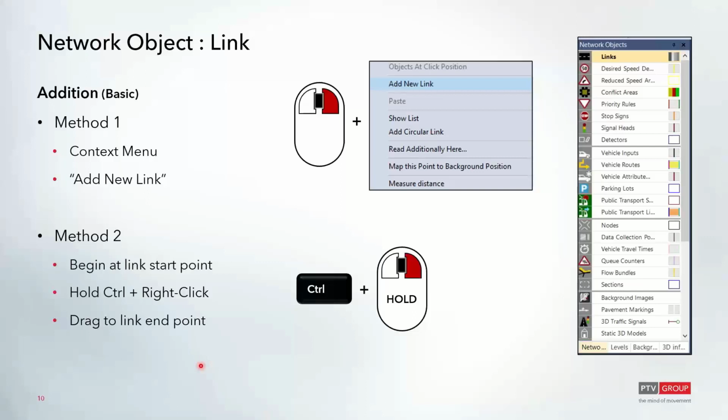This will place your link start point. And then while you have that held in place, you click and drag, and that will place a link of that desired length, and then you can release when you get to the link endpoint. This is particularly useful if you're trying to model a larger section of roadway. You can just use this to create that link with the proper length right from the beginning.